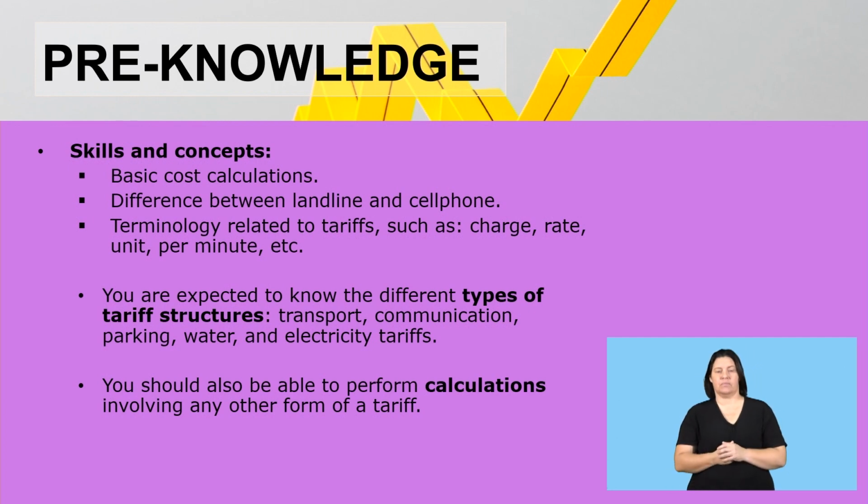Then also, you are expected to know the different types of tariff structures, for example, transport, communication, and later on we'll also work with electricity and water tariffs. Then also, you should be able to perform calculations involving any other form of tariff. So we'll look at all of that.